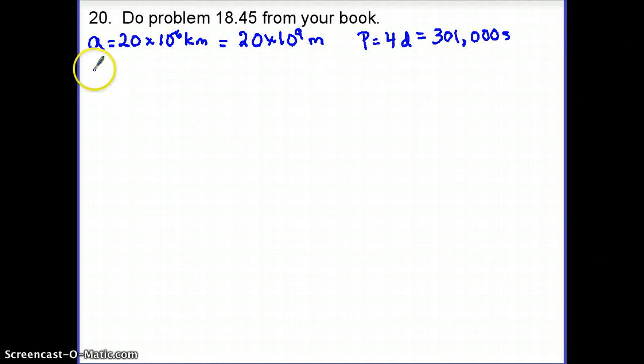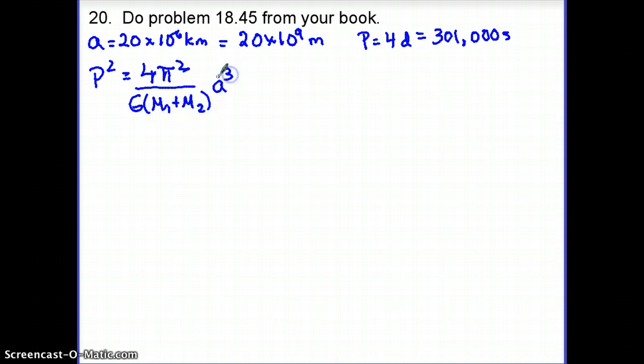So that's going to be Kepler's third law. We're going to keep both masses in because the masses are going to be similar enough in this case that we can't just ignore one. So, plugging things in.